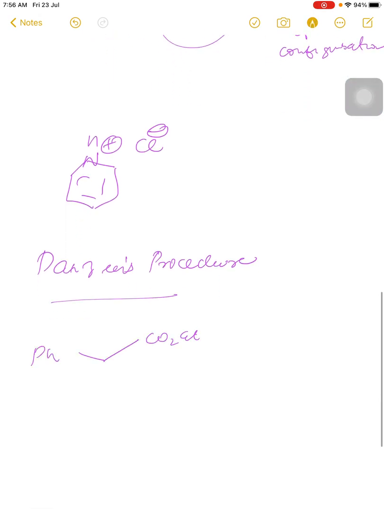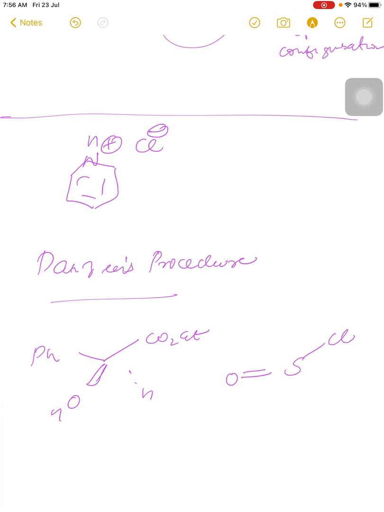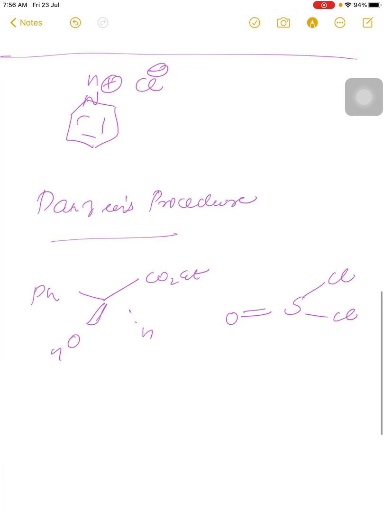If you have a species like this, with the exception of pyridinium hydrochloride that I am talking about, you will have pyridine, and what will happen initially?